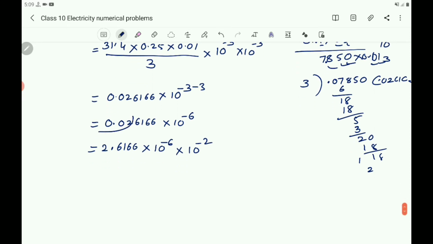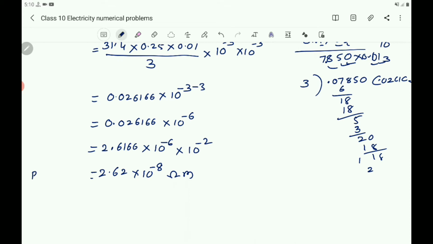Here 2 digits are shifted, means you must take 10 power minus 2 as a product. That equals 2 point, you can take 6 2. The 6 is more than 5, so you can take 2.62 into 10 power minus 8 ohm meter.